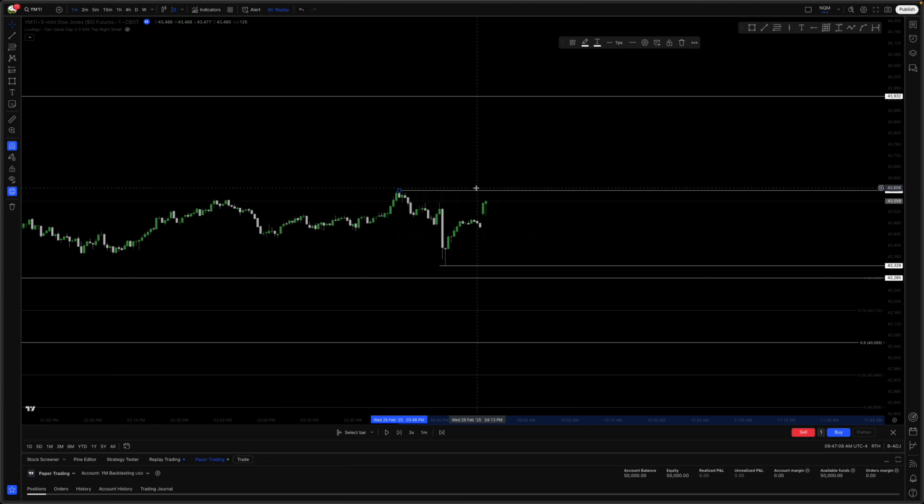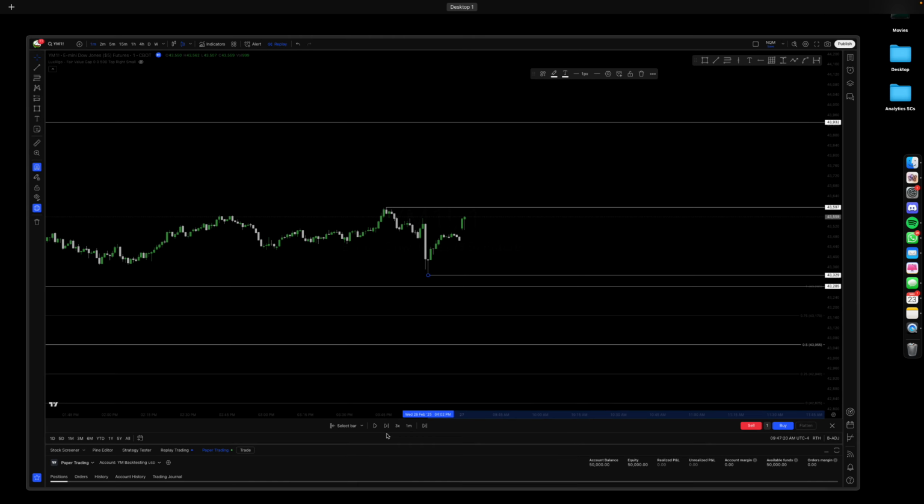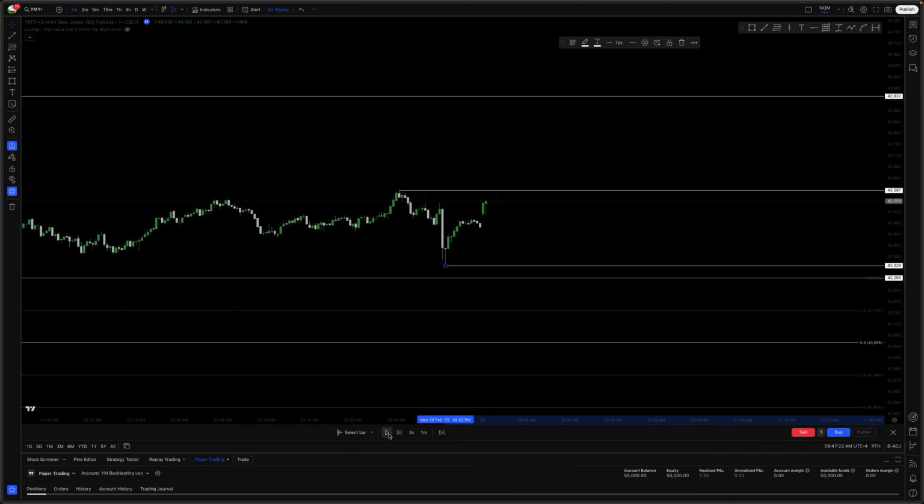Hopefully take this out, and I'm looking for these lows. Actually, how do I... what is this? This is shift and up, shift and down. Control up, control down. Shift up, shift down.